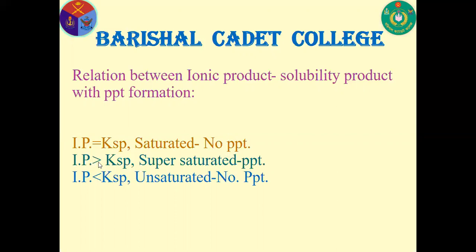If the ionic product is greater than the solubility product, the solution is supersaturated and precipitation is formed. But if the ionic product is less than the solubility product, it is an unsaturated solution and no precipitation is formed. So from that relation you will find whether the supplied solution will precipitate or not. If ionic product is greater than solubility product, precipitation is formed, but otherwise no precipitation is formed.